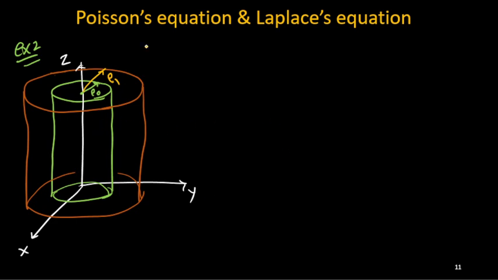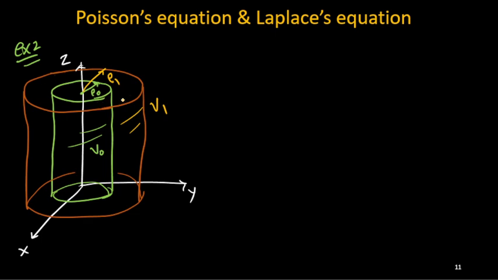The potential on this surface, the green one, is V0, and for this one the potential is V1. Now we wish to find out, this will form a capacitor again, so what is the capacitance between these two cylinders, and what is the potential distribution in this space that we will try to find out.